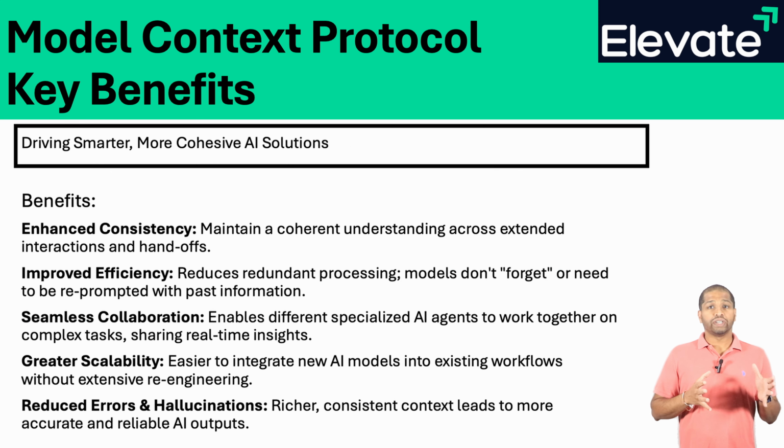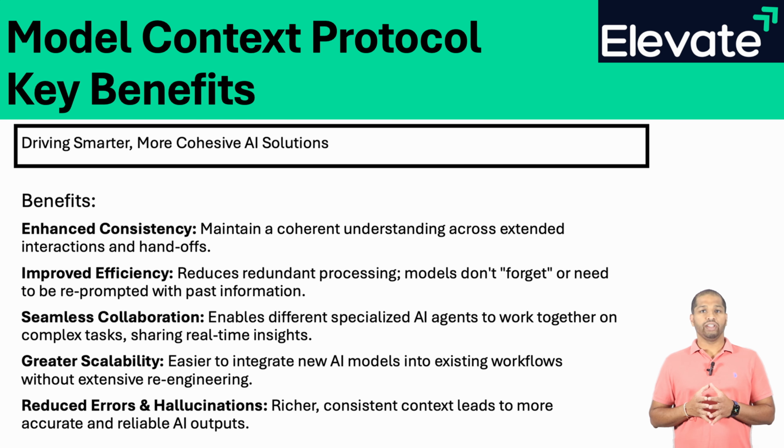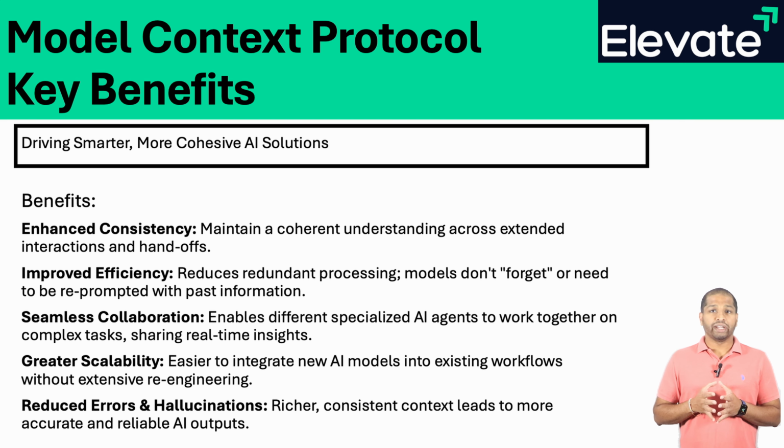The benefits of adopting MCP are significant for any organization leveraging AI. Firstly, it ensures enhanced consistency. AI models maintain a coherent understanding across extended interactions. Secondly, it drives improved efficiency by reducing redundant processing, so models won't forget or need to be reprompted.